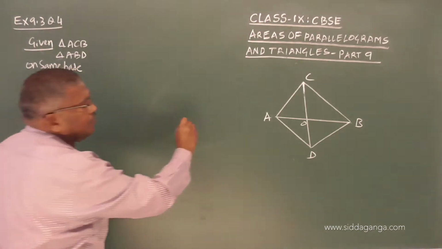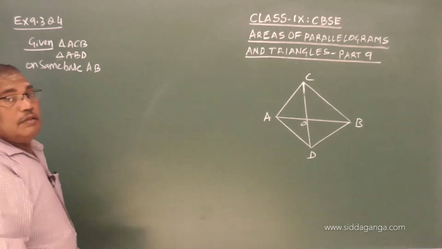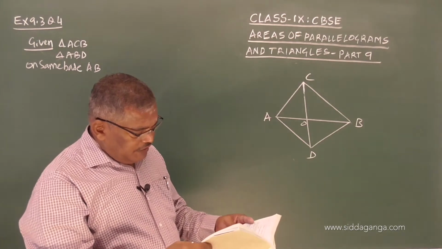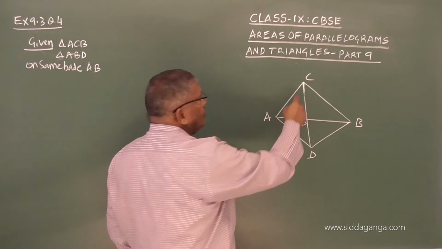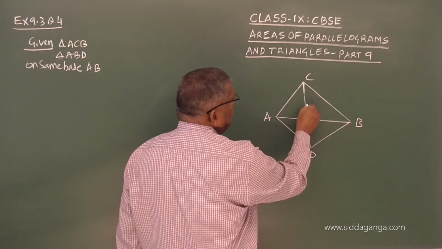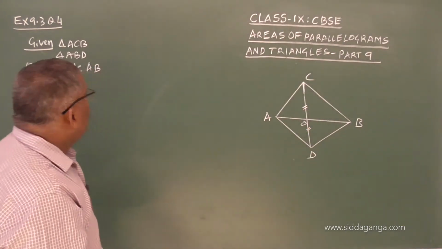As you can observe, AB is the base, same base AB. Another thing is given: if line CD is bisected by AB, so CD is bisected by AB means CO is equal to DO.